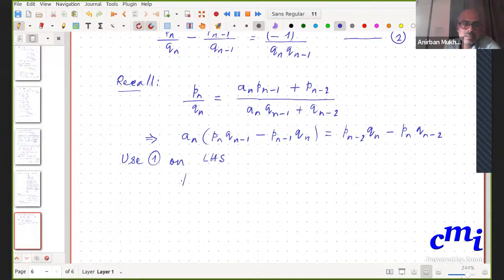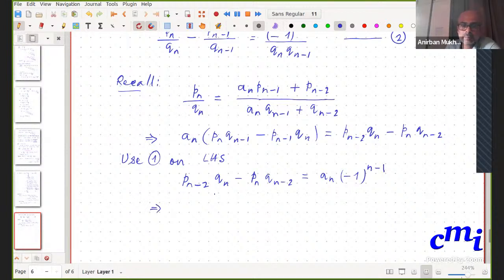So that gives us, just flipping the sides, Pn Qn minus 2 is An, and then replace this by minus 1 to the power n minus 1. That is what we get from 1.